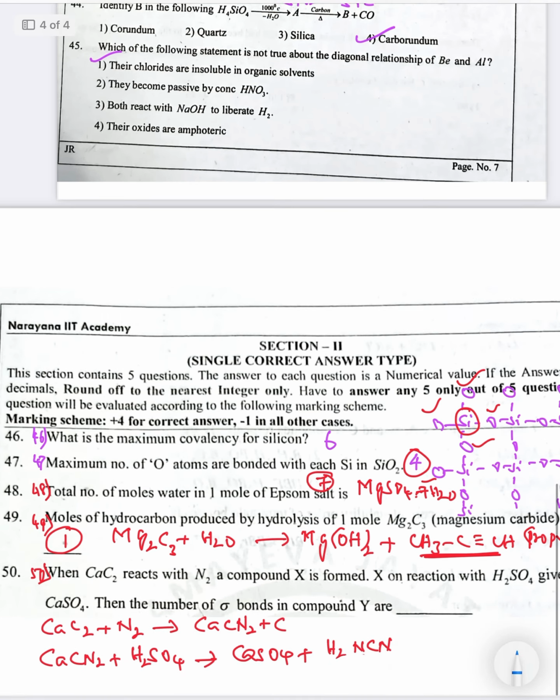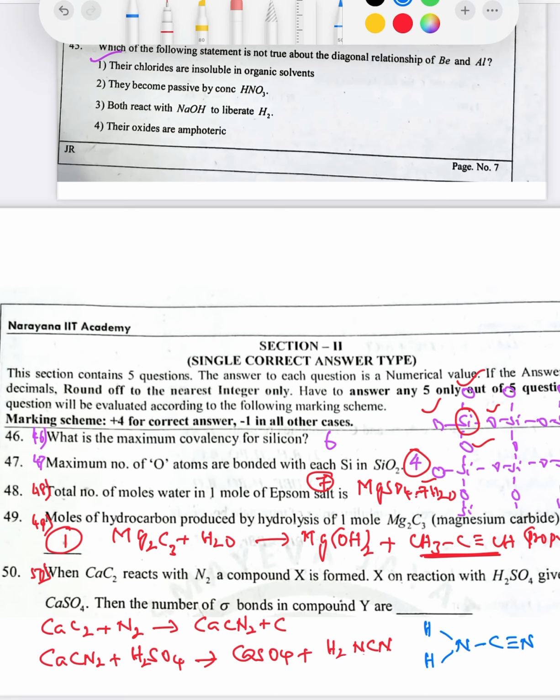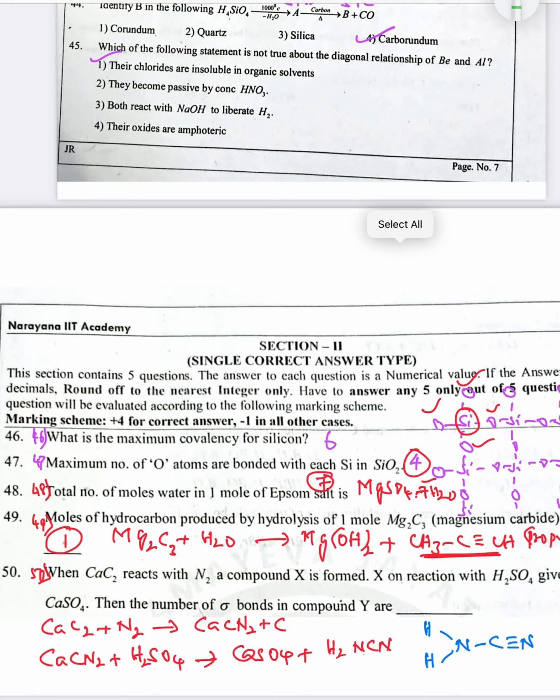We can also write it as H2N-C≡N. Here the total number of sigma bonds is being asked. All single bonds are sigma bonds. Here 1, 2, 3. In multiple bonds, one of the bonds is sigma. So in total, 4 sigma bonds are present. Thank you.